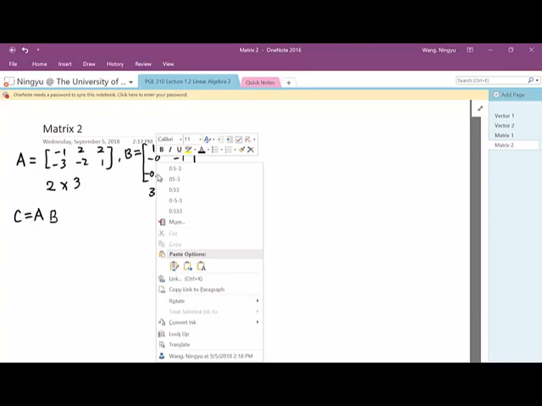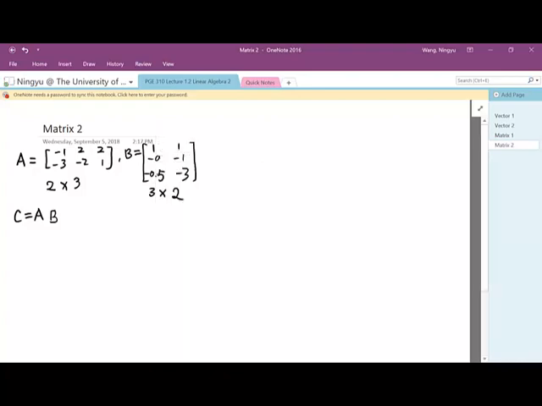Is it too small for you in the back rows? Can you read this? That's good, okay. So what's the size of C? 2 by 2. Yes, 2 by 2.